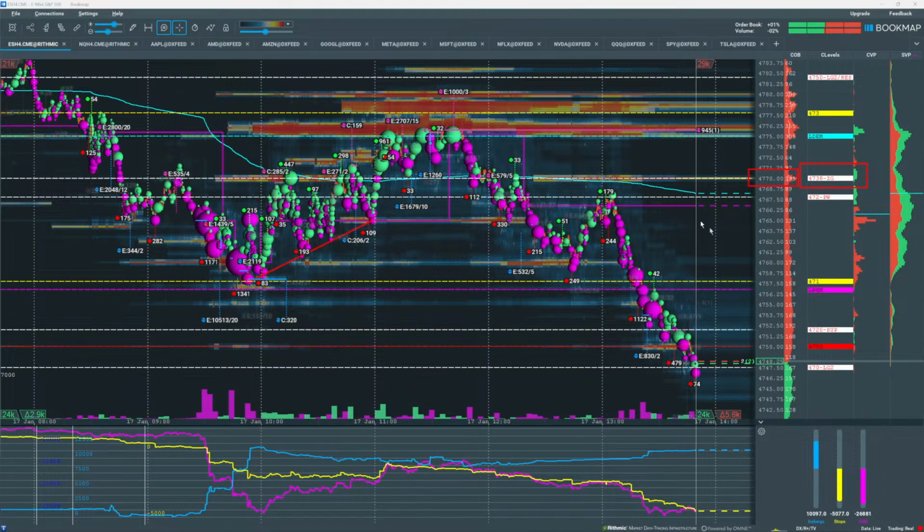So right now I'm using ES minus SPX equal 32. So again, they all change every day. ES minus SPX at 32. So SPX 4738 shown at ES 4770.